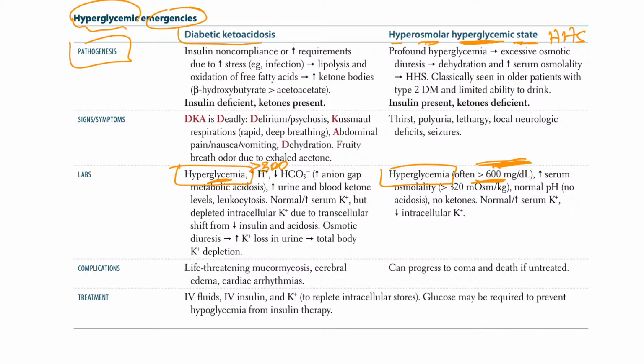Okay, so for the pathogenesis of diabetic ketoacidosis, you have insulin non-compliance or an increase in requirement due to increase in stress. For example, infection. Whenever you have increase in stress, you're increasing the requirement for insulin.